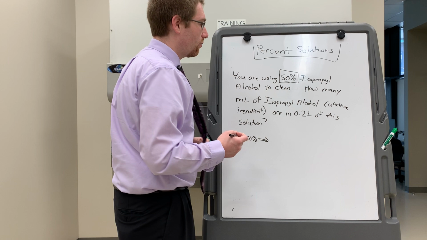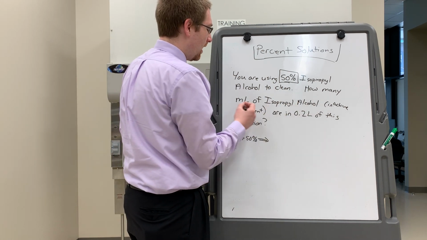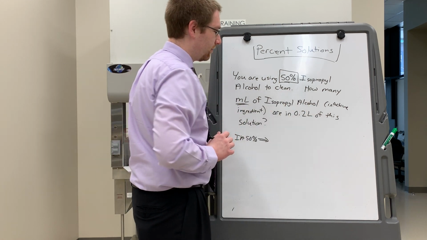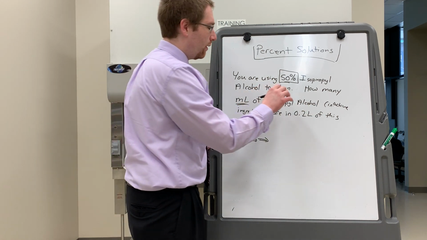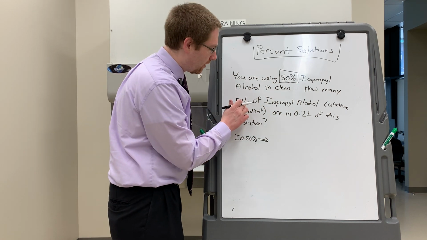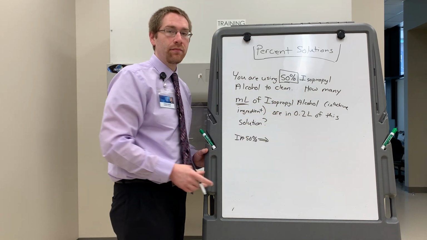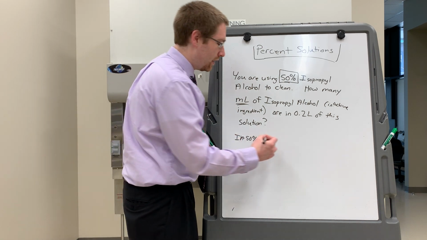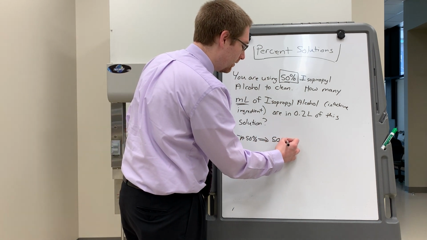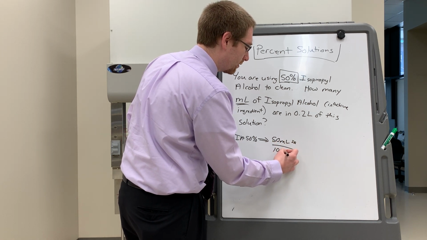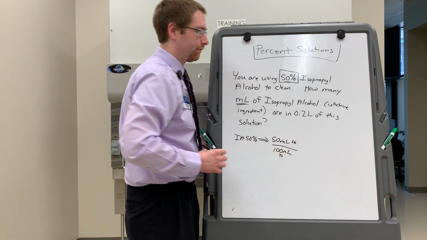Now in this particular question, you will see that it states how many mLs of the drug, in this case active ingredient, are in 0.2 liters of this solution. So we are dealing with a volume in a volume. As soon as I see that, I'm going to state that 50% means there are 50 mLs of isopropyl alcohol in every 100 mLs of total solution.